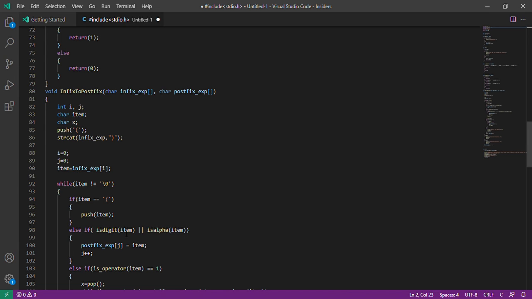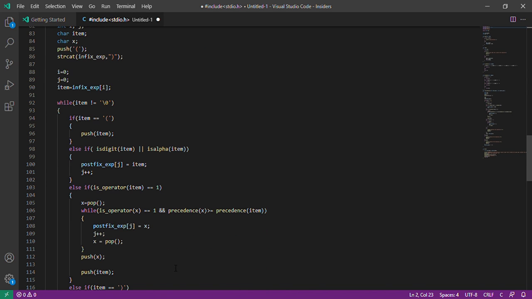Then next, if the symbol is an operand, add the symbol to the postfix expression. Otherwise, the symbol is an operator.